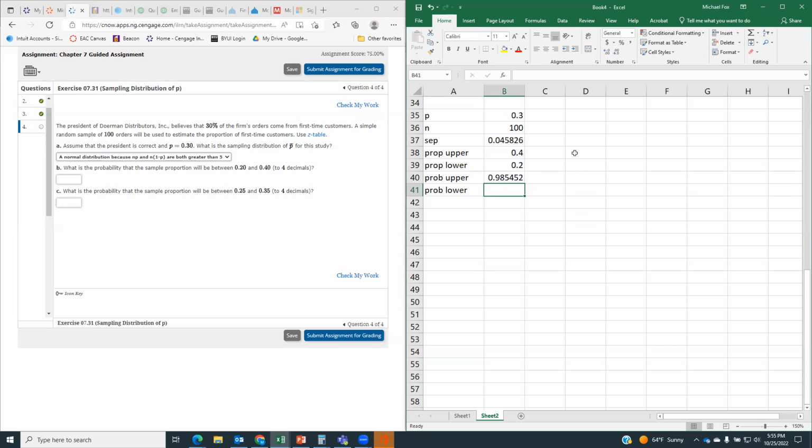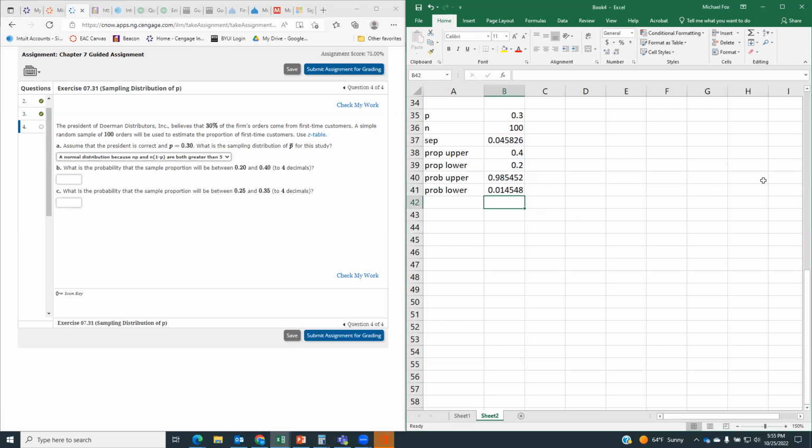To find the probability of the lower, I'll do norm dot dist. For x, I'll use the lower proportion. For the mean, I'll use the population proportion. For the standard deviation, I'll use the standard error of the proportion. That gives me the probability of the lower.